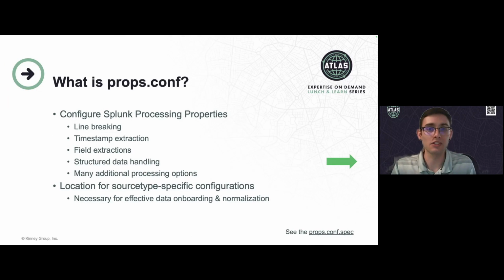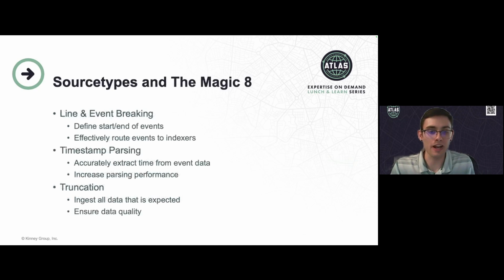So when we get into a props.conf file, it's important to think about each of our configurations, each of our stanzas, as giving us the ability to apply source type specific configurations. And so that's going to be really important as we're working with the Magic 8, that we are actually going to identify these each individually for a new data source.